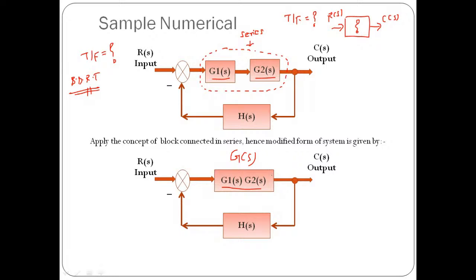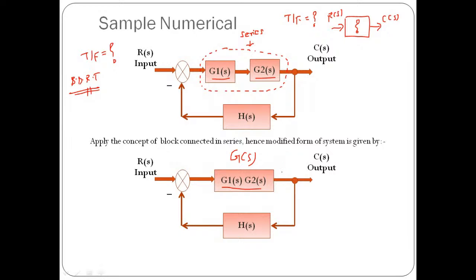Now let us observe whether there is any possibility to apply rule number 2. No, it is not possible, because the forward path block and the feedback path block are not connected in parallel configuration. I told you that two or more blocks are connected in parallel when the flow of signal is from input to output, or from output to input, in all the blocks.